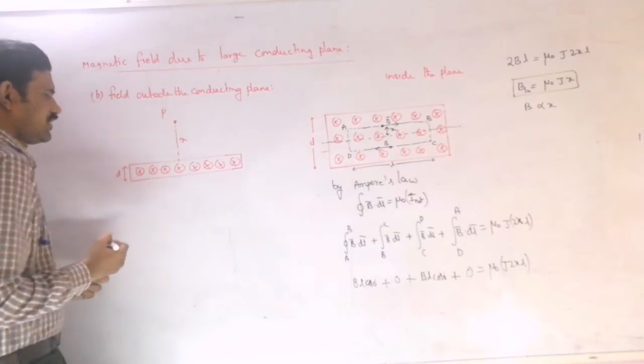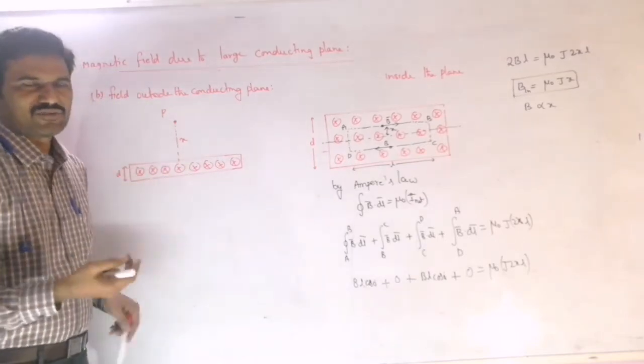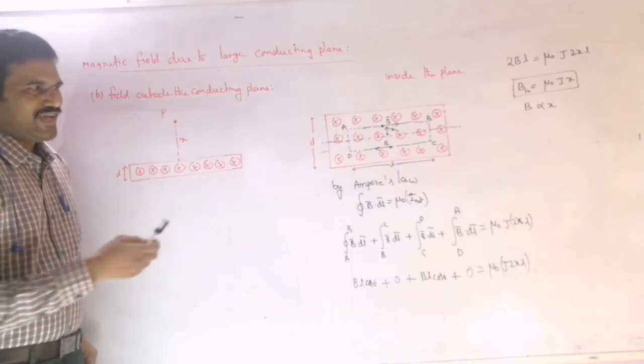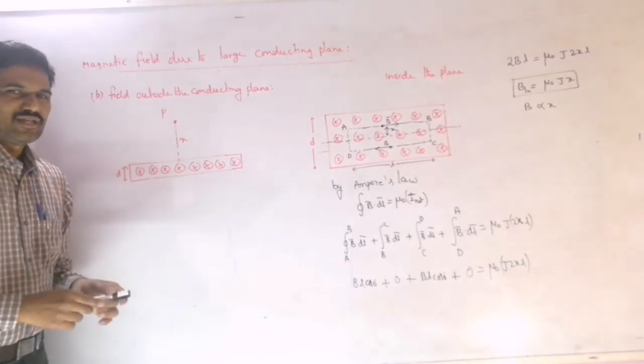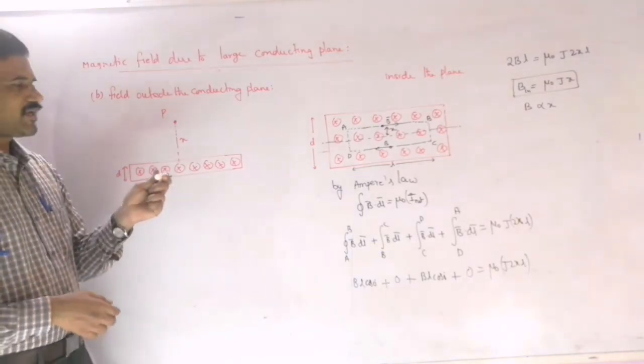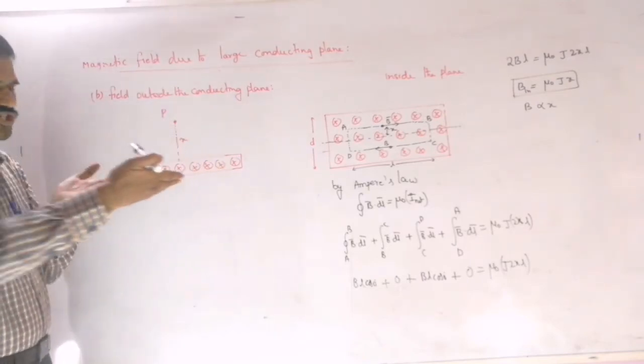And now you can consider the magnetic field direction at that point. As I said in the previous discussion, while deciding that, you can simply remember that the magnetic field will be perpendicular to this plane here. The plane sheet will be there like this.